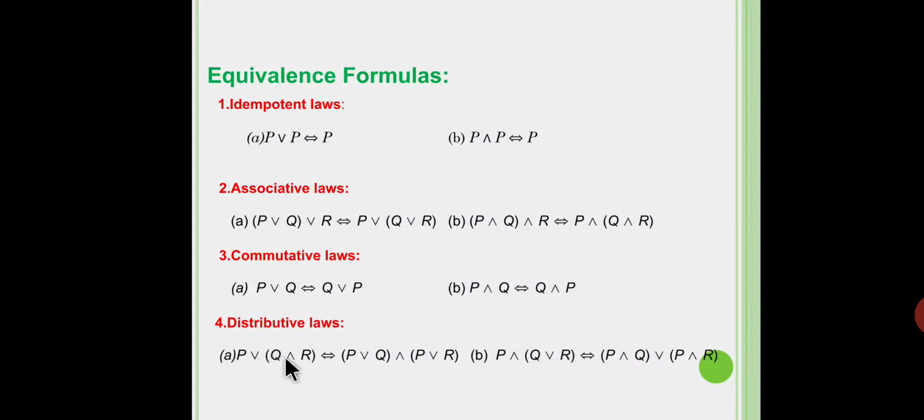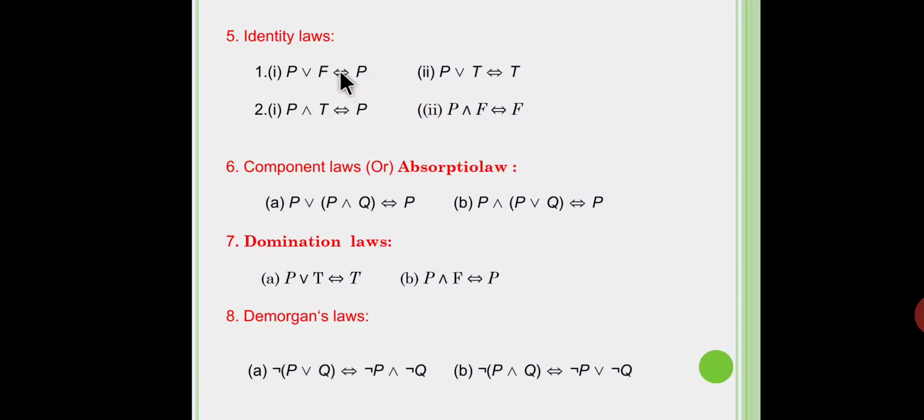Which one is calculated first is not a matter. So first we calculated P or Q and P or R. Okay. Next law, the identity law.